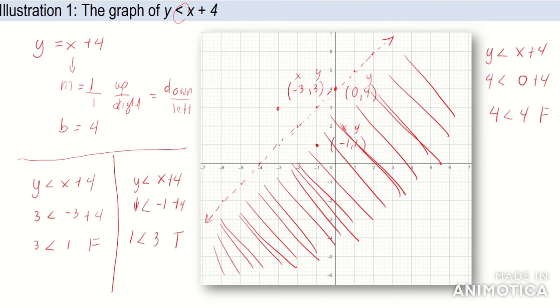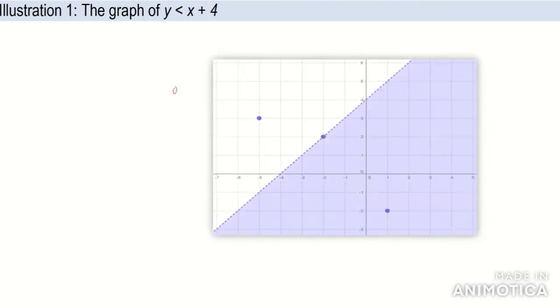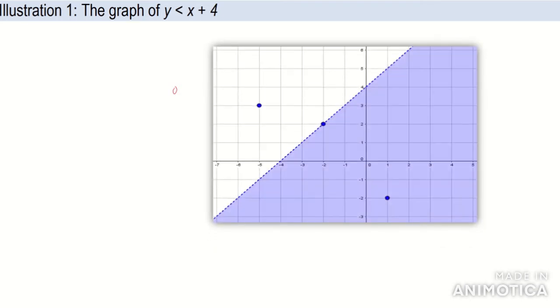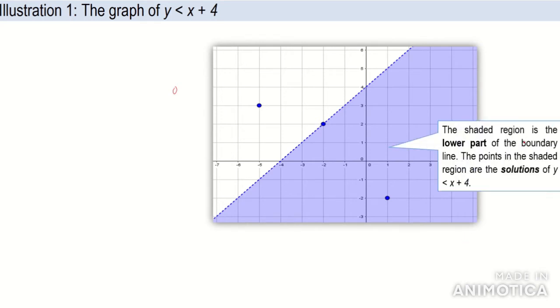For a clear explanation of this, let's look at the clear graph of y is less than x plus 4. If you input this in GeoGebra, this will be generated, in which the shaded region is the lower part of the boundary line.